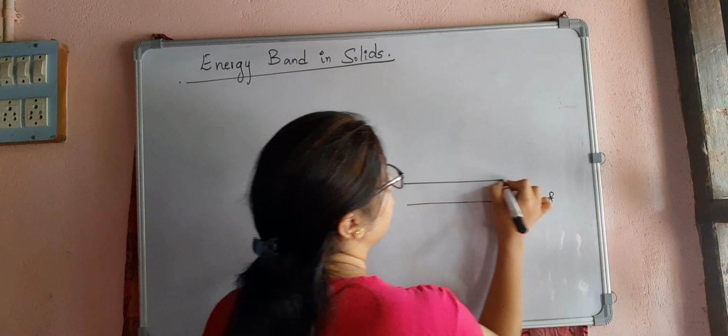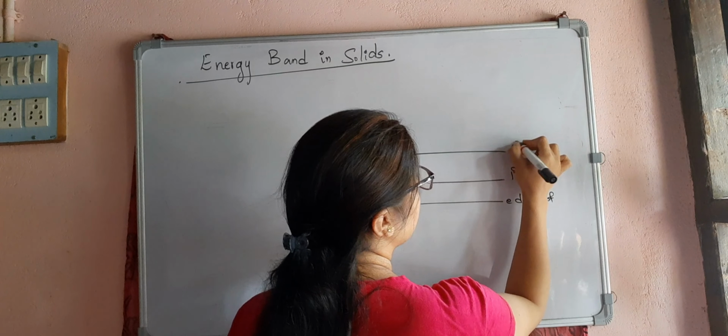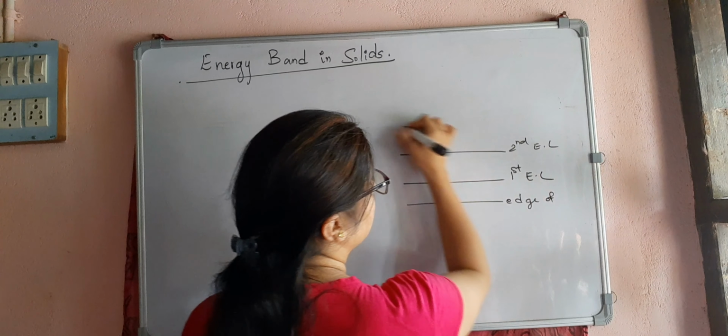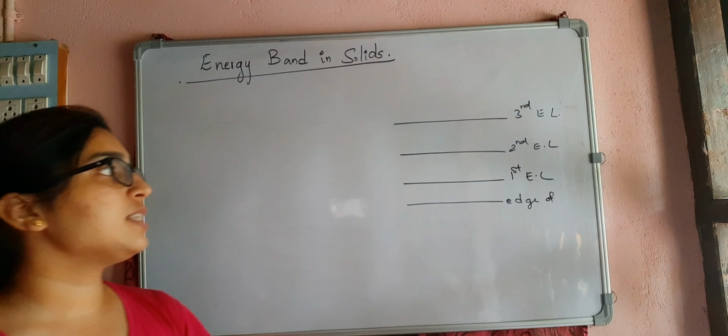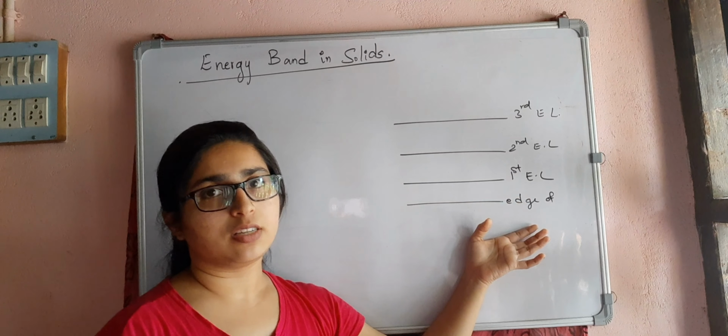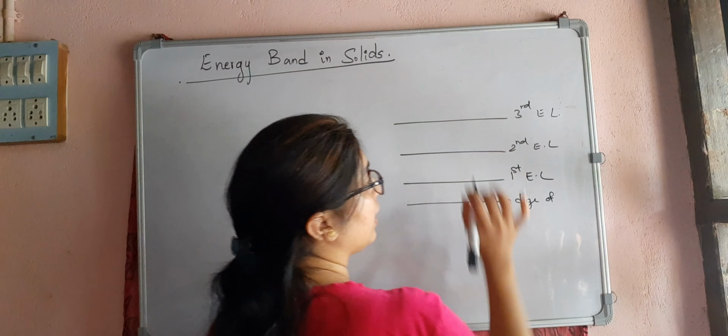Then you have the first energy level, second energy level, third energy level, and so on. But this is not valid for solids. This is for the isolated atom. So for silicon I can consider this.